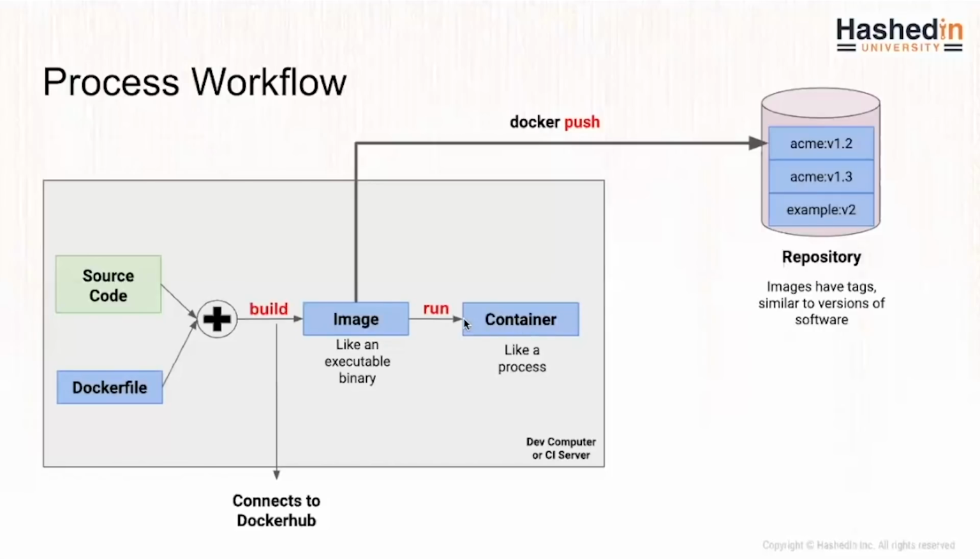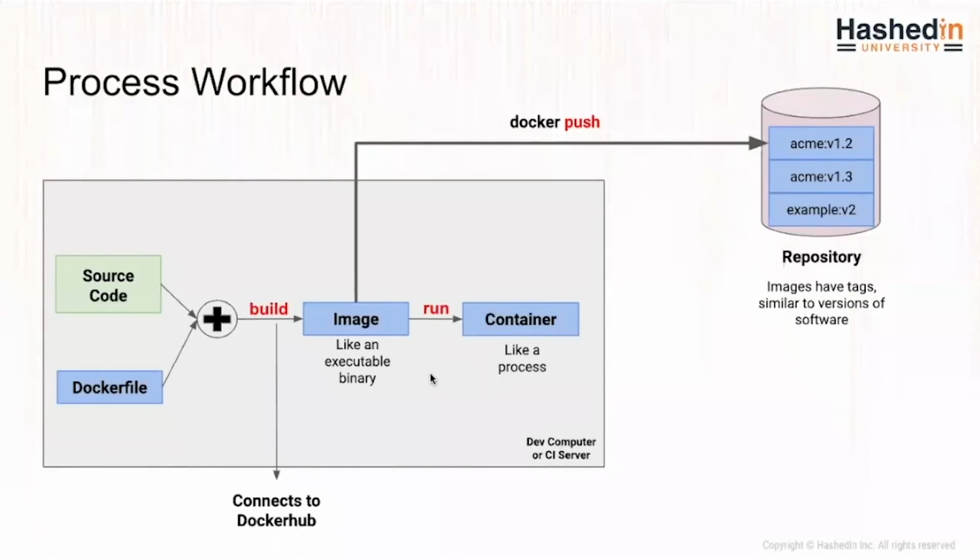So that's all. You have defined what your code is, how to run your code, you build that, and now you're running it as a process. It will behave the same on a dev computer or a CI server, continuous integration server. We'll dwell into that later on.